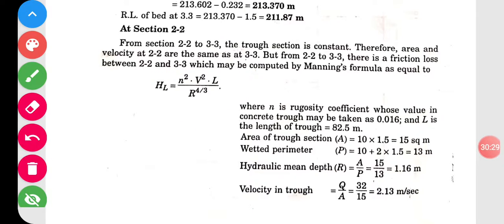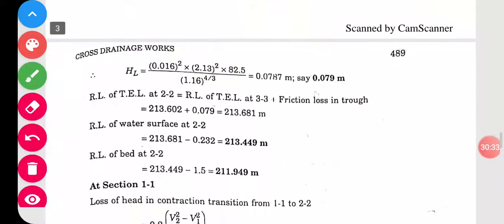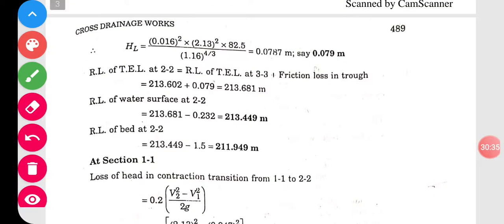This is to be calculated, and after calculating this, see, it is calculated here by using that equation. So the loss of head due to friction is 0.079 meter. After getting this, once again you have to calculate the RL of total energy level.